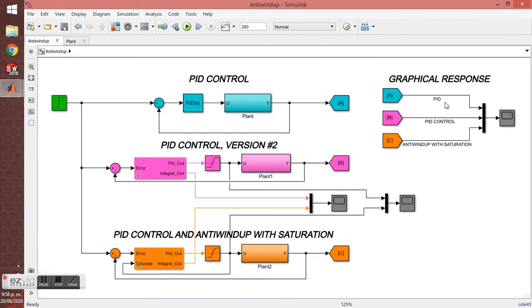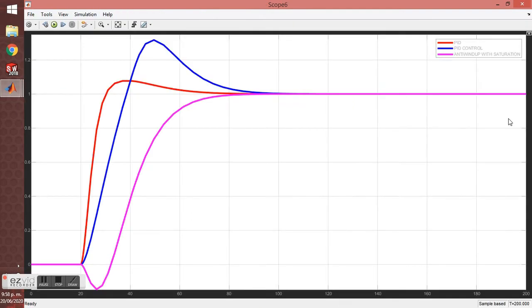We are basically making a comparison between these three kinds of PID controls. So, PID, color red. PID control, second version, color blue. And that is our interest, the PID control anti-windup with saturation in color purple.